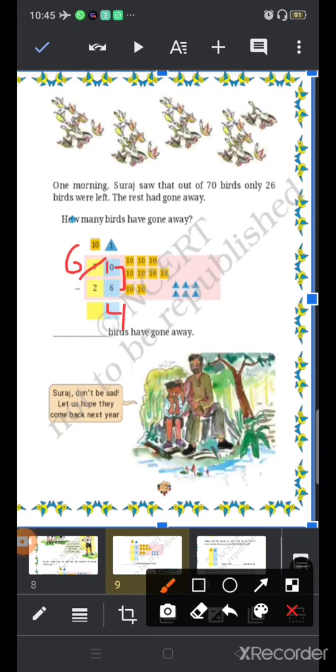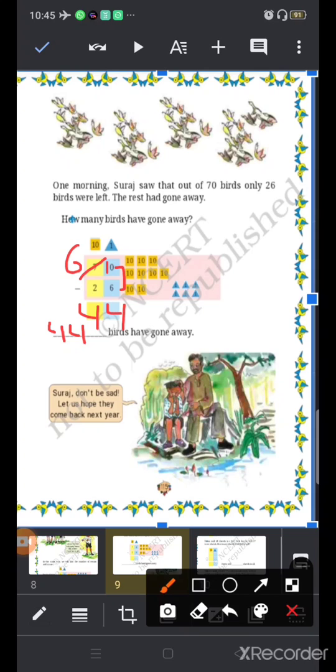So what will you write here? Yes, we'll write 4. So how many birds have gone away? 44. So what will you write in this blank also? 44. Okay.